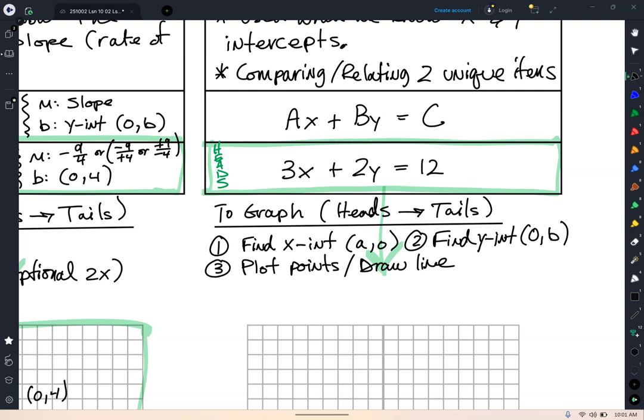Now, you've probably done stuff like this in Algebra 1. Let's do a little squiggle here. We'll do the x-intercept on the left and the y-intercept on the right. The x-intercept is where y is equal to 0, so we start off 3x plus 2 times 0 equals 12.